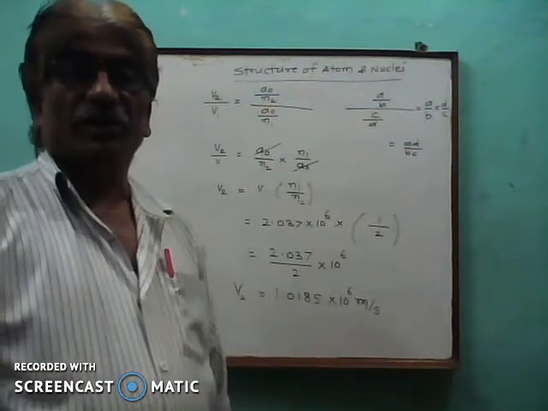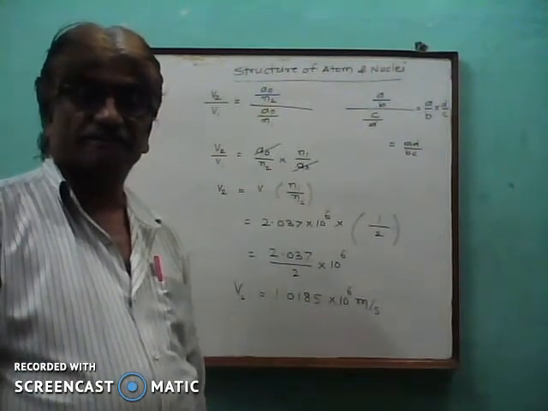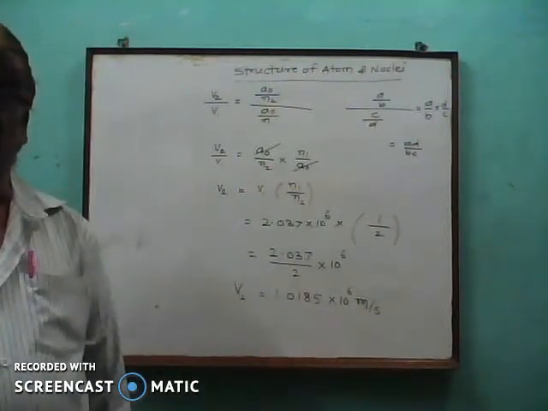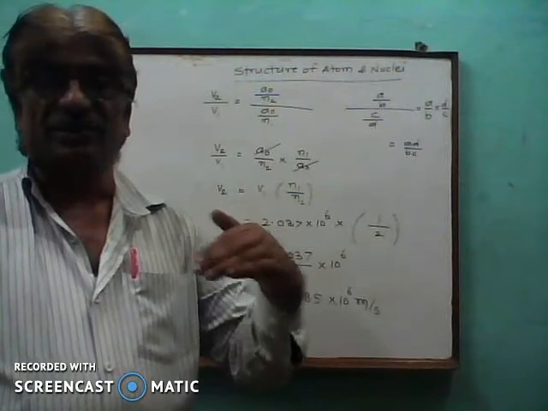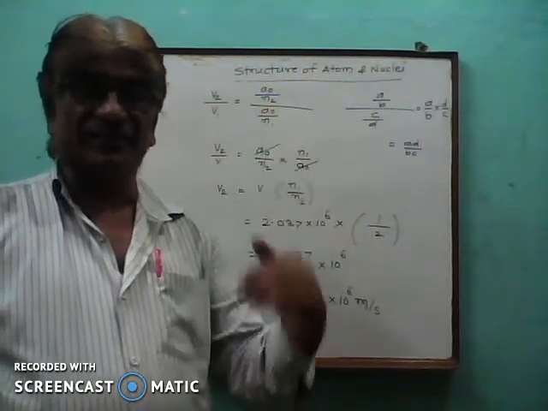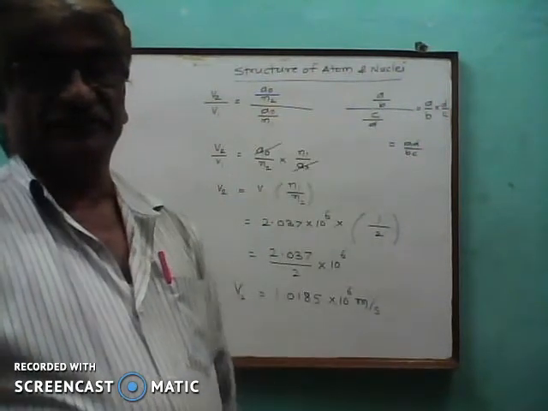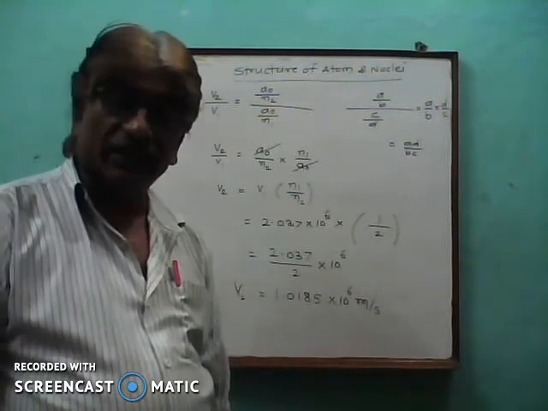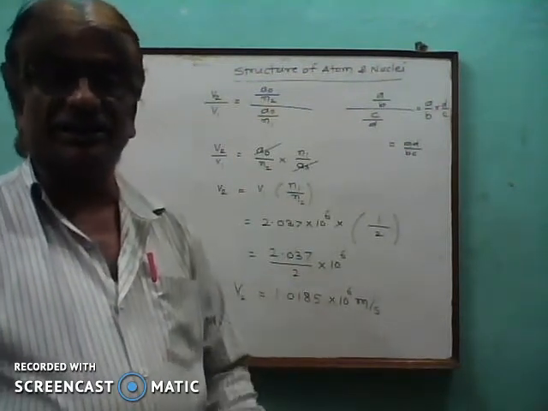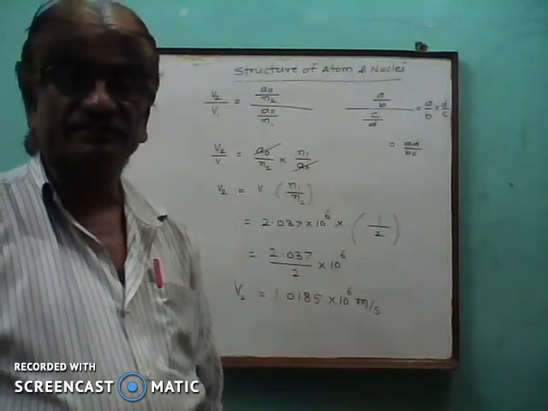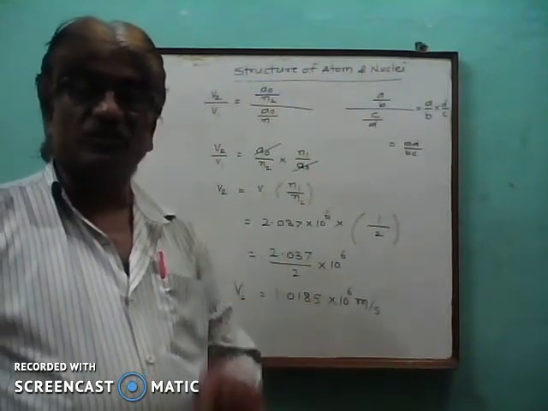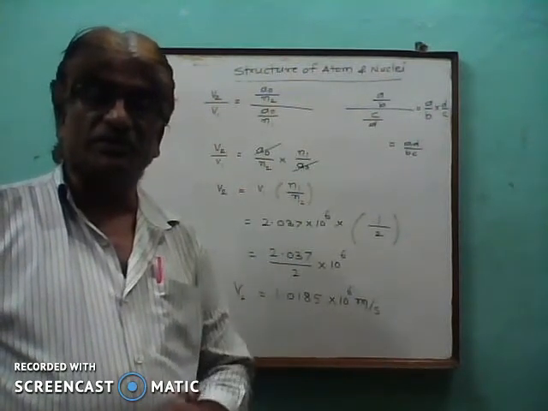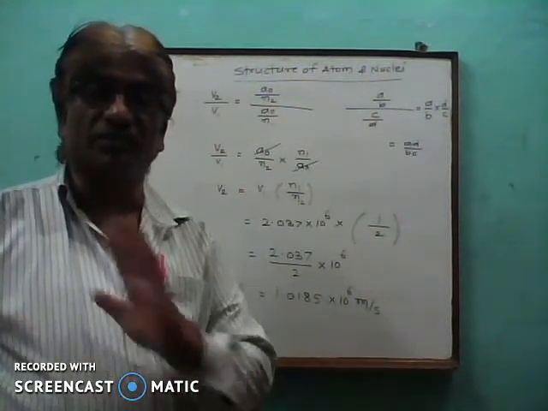If the orbit increases, like the third orbit, then the velocity decreases. Why? Because velocity is inversely proportional to the principal quantum number.